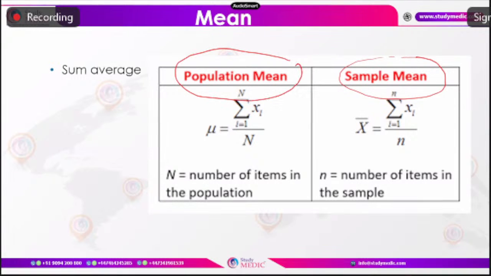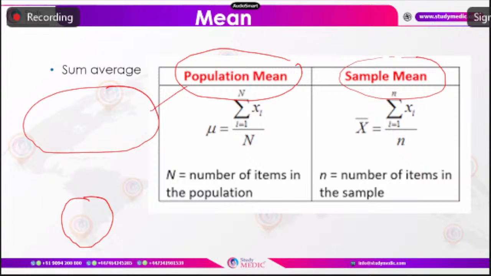Suppose this is the population from which the sample is drawn. The population mean means the mean of the data of the population, whereas the sample mean means the mean of the data of the sample.